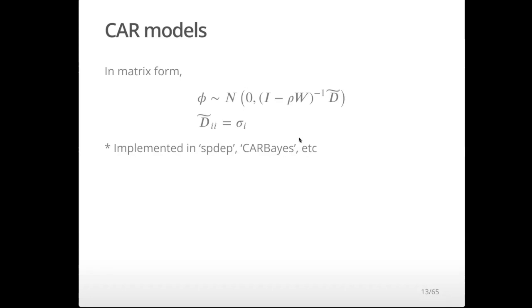It's implemented in a bunch of R packages, and generally we don't have to do anything with this. All these functions deal with the messiness internally. The only thing we really have to specify is what that W is, which is our matrix of zeros and ones describing which cells are going to be neighbors with each other.